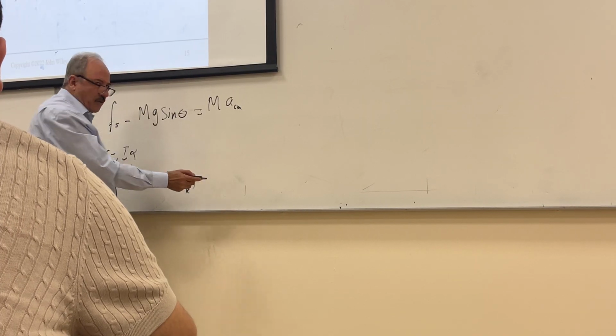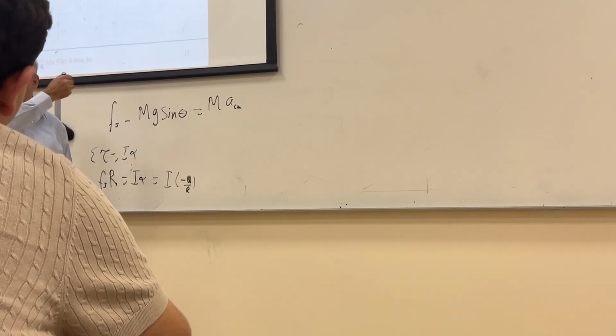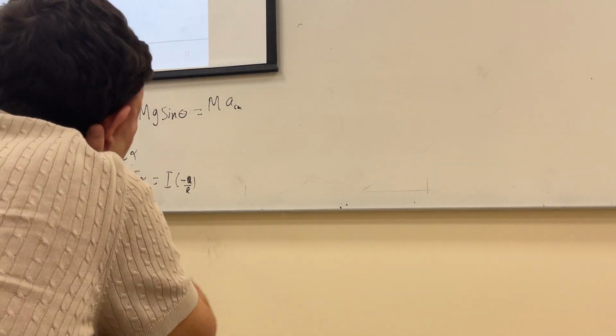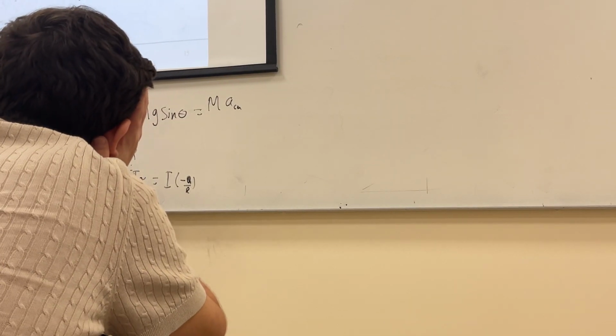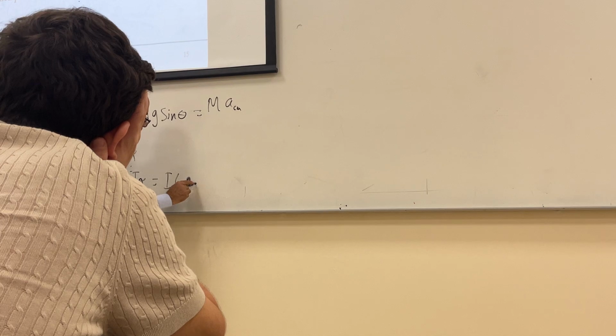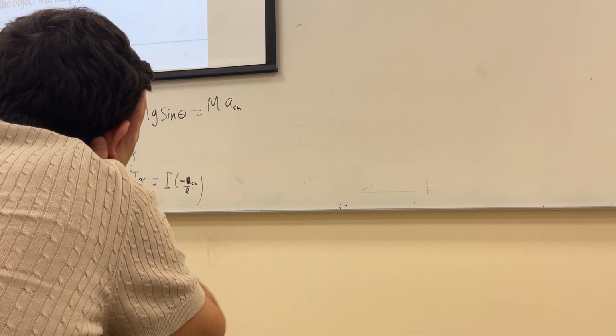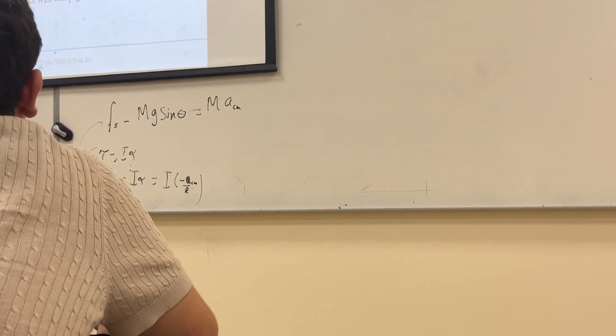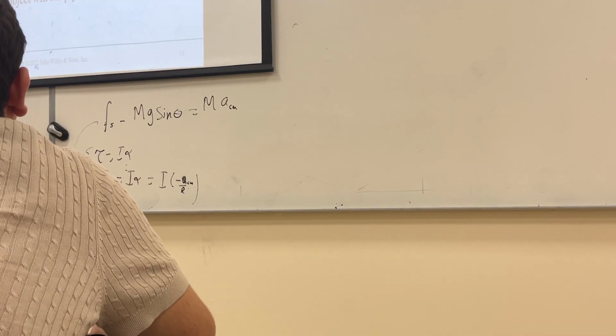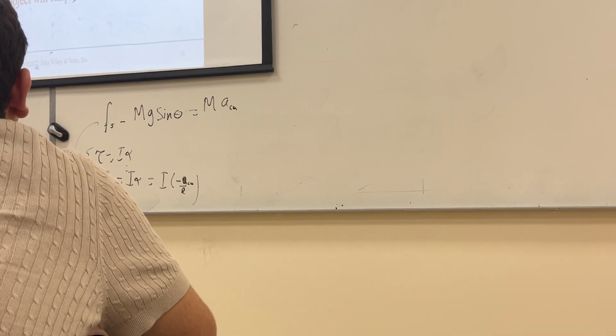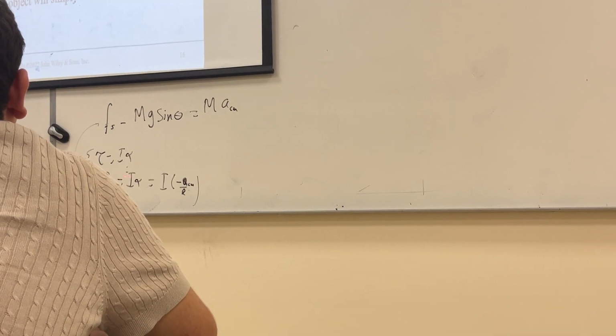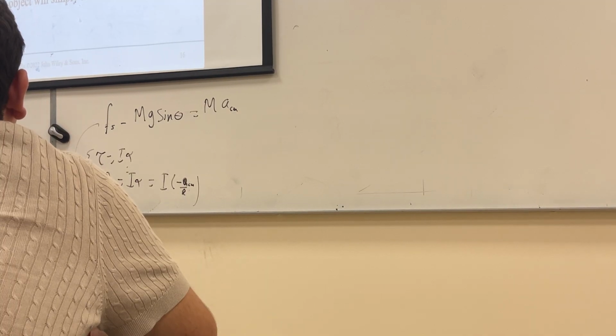Because alpha is positive, it's counterclockwise, and the center of mass acceleration is negative. If you combine these two equations, you'll find the acceleration of the center of mass, which is this equation. You see it's negative: minus g sine theta divided by 1 plus I, this is the I about the center of mass, of course.